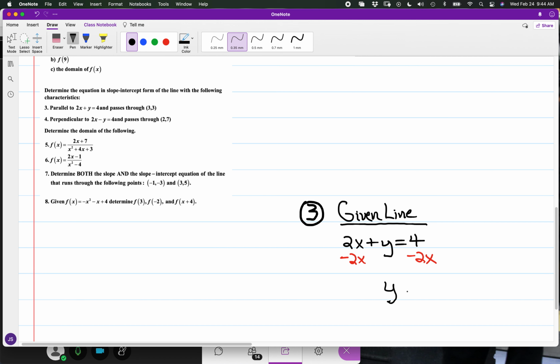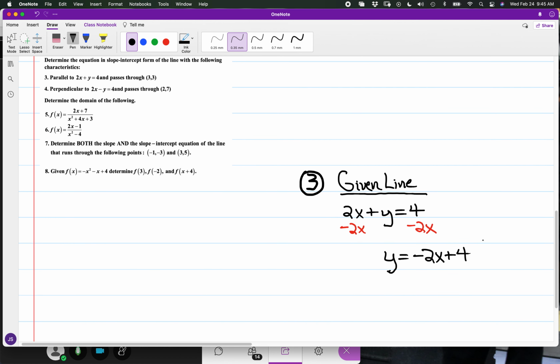So taking 2x away from both sides, I'm going to have y is equal to negative 2x plus 4. So I already have the slope-intercept form of this equation, and the slope is equal to negative 2.